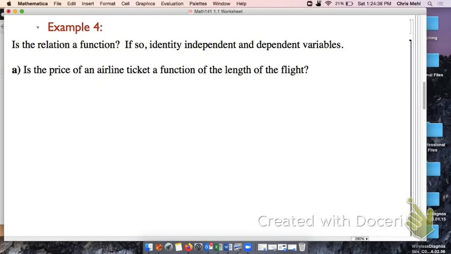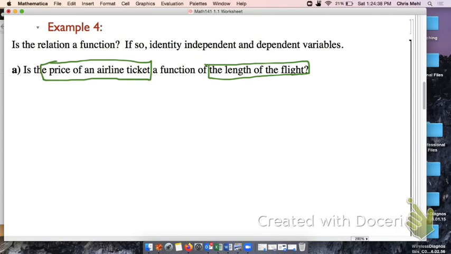If I want to determine if this is a function, it's helpful to know what the inputs and outputs are, which also helps me find the independent and dependent variables. Notice there are two quantities here. The first quantity that we're relating is the price of an airline ticket, and we want to know if that quantity is a function of the length of the flight.